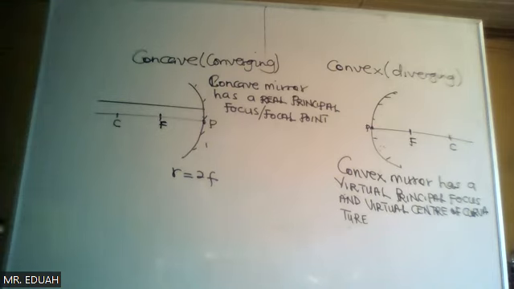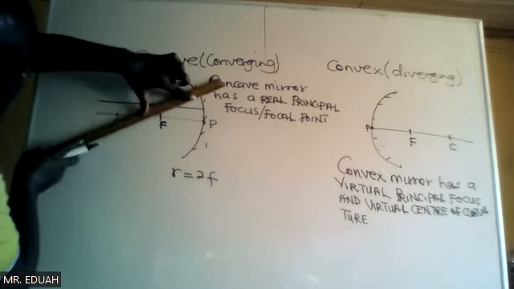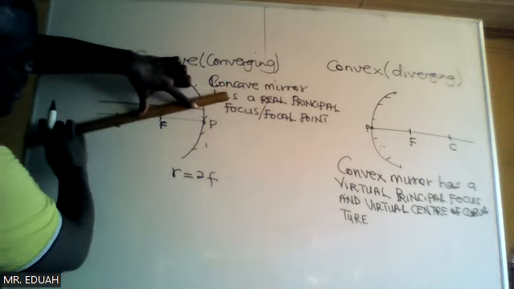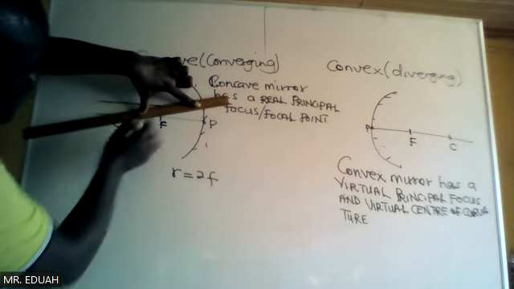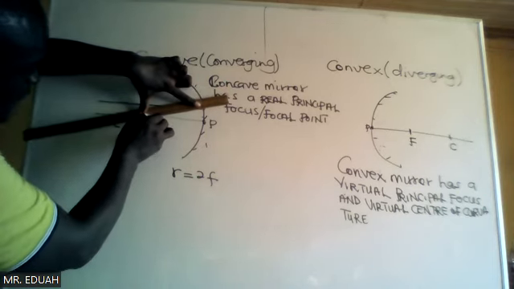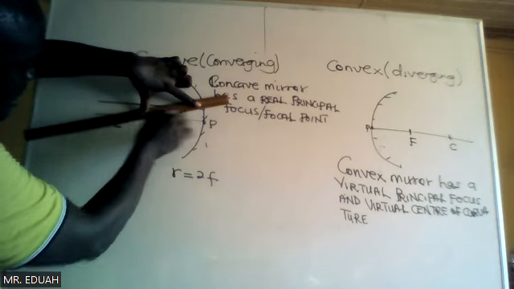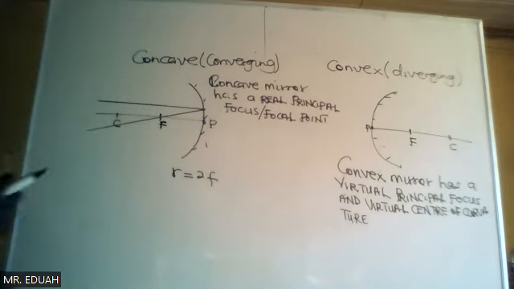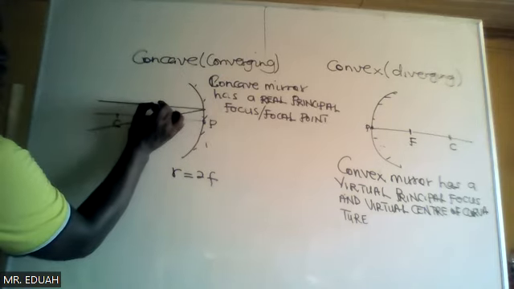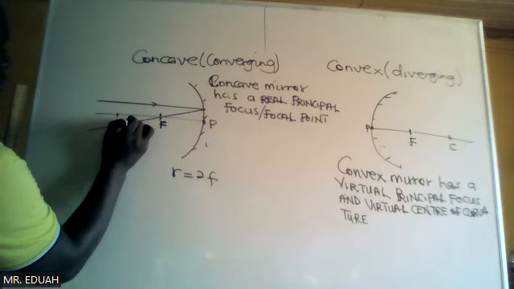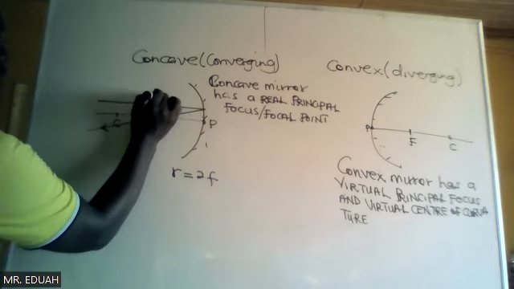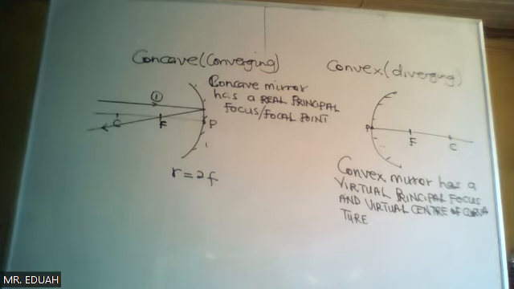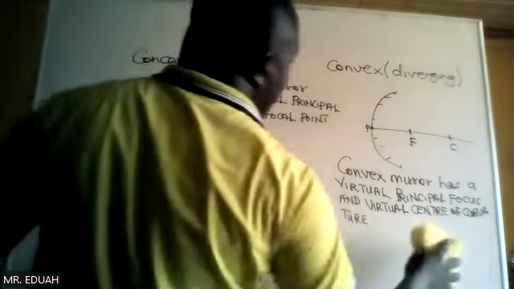So the first rule is that if a ray of light is parallel and close to the principal axis, after reflection, it has to pass through the principal focus. So this is one. Let's apply the first rule also to the convex mirror.